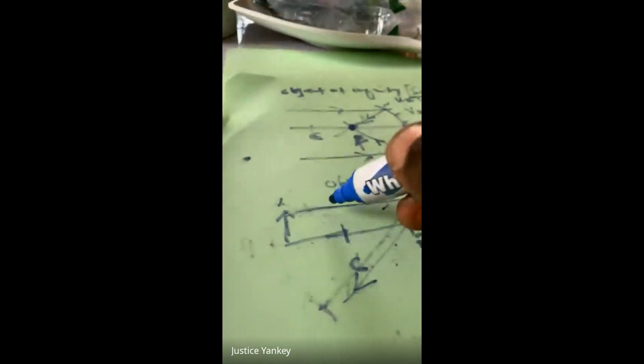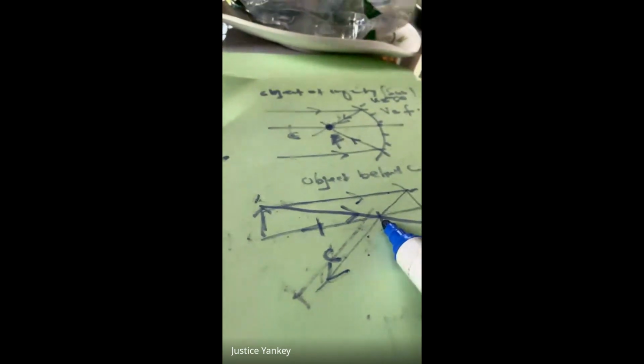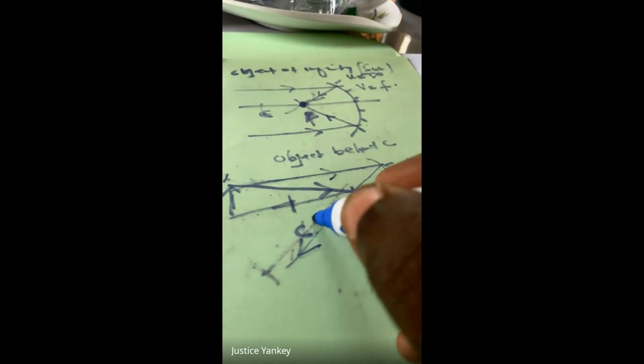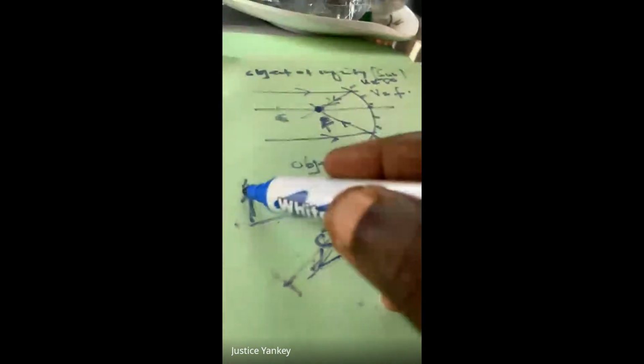So another ray from the head of the object passes through the focus. And after reflection, it will be parallel. Now, these two reflected rays, this one and this one, meet here. So the head of the image will be formed there.